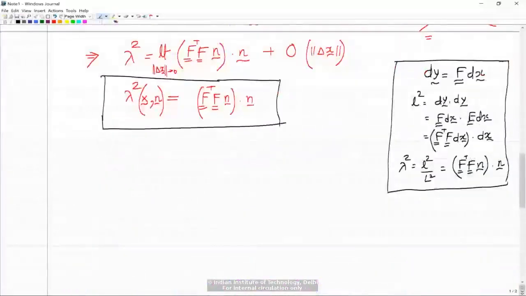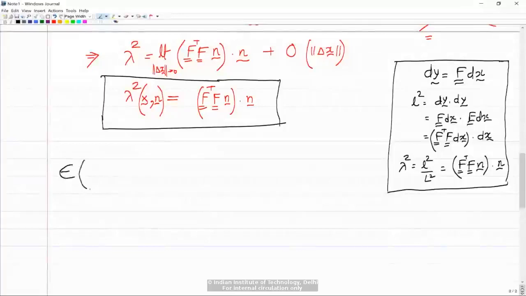Okay, so once we have a stretch, we are not done yet. We have to find out the formula for strain, right? Longitudinal strain. So suppose I denote that by epsilon. So because stretch depends on x as well as n, therefore the strain would also depend on them both. So if I denote by epsilon the longitudinal strain, it's a function of x as well as n.